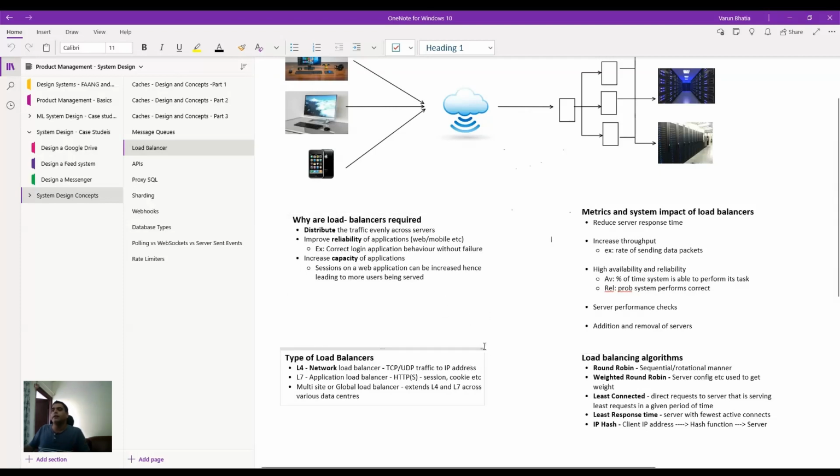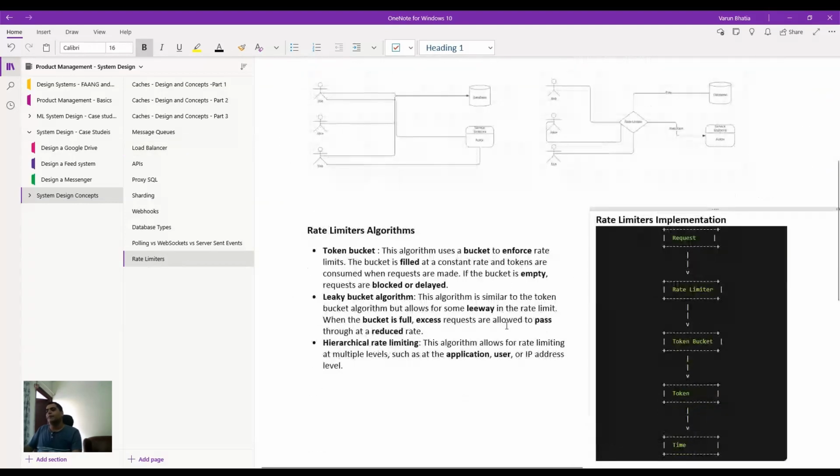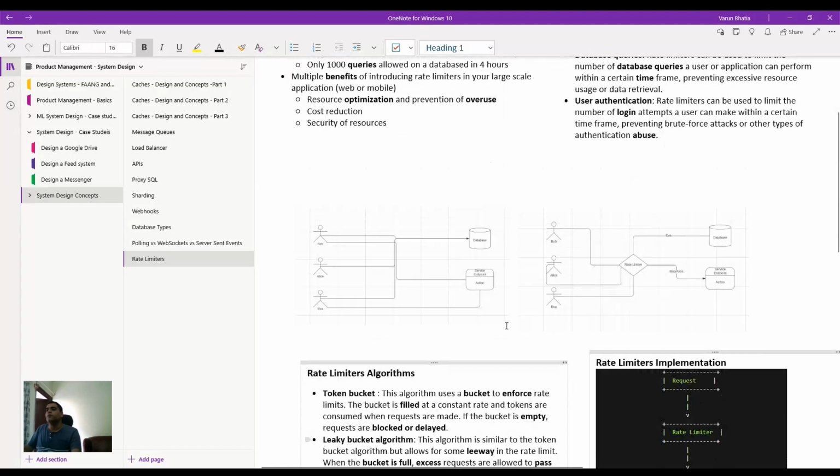If you recollect, and of course, we had looked at some of the algorithms there as well. But both of these components, load balancers as well as your rate limiters, are trying to reduce the overall resource usage, optimize the cost, and optimize overuse. One is doing it at one particular level and the other is doing it at another level.